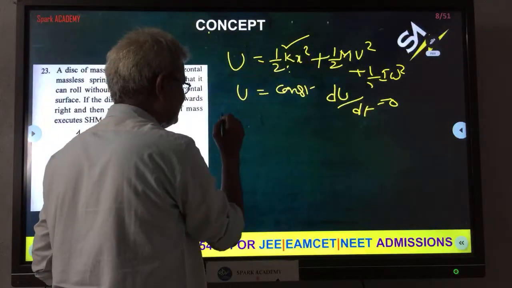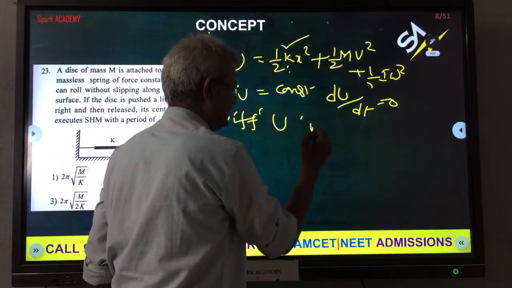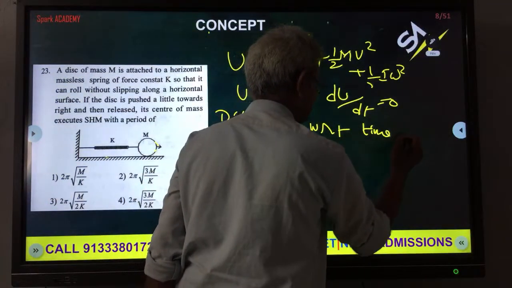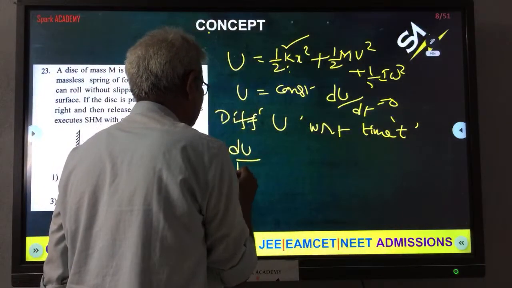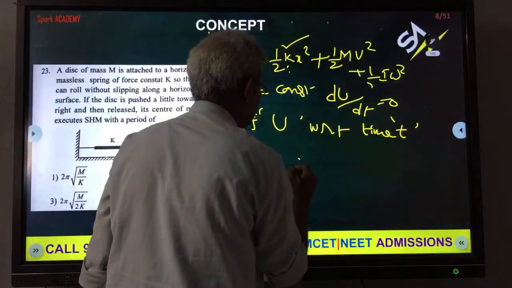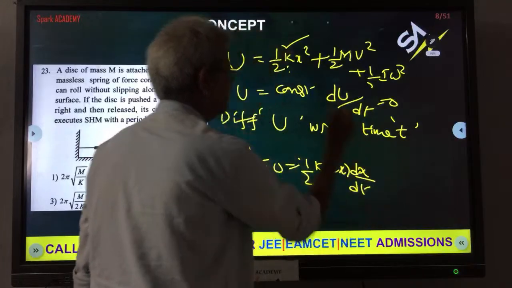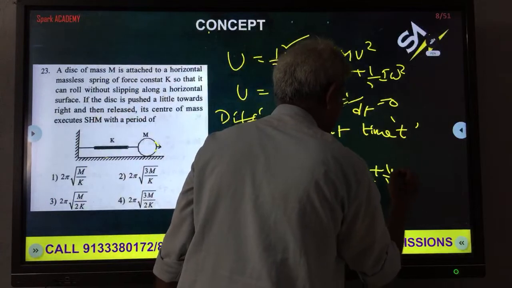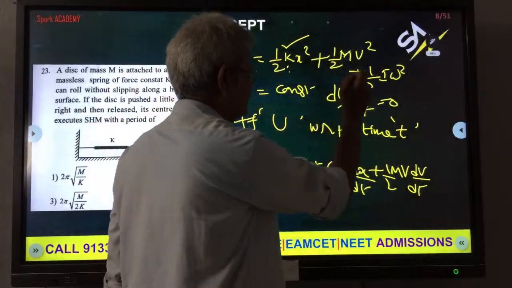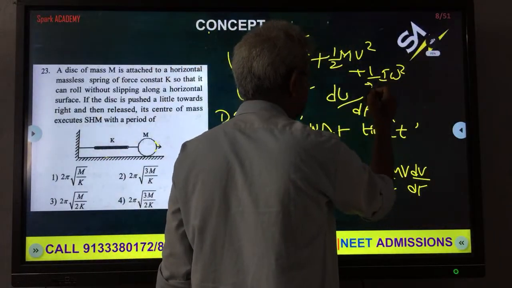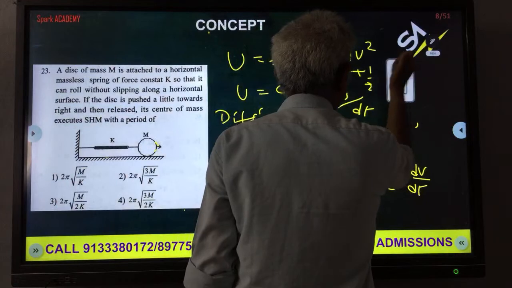We will be differentiating U, the energy, with respect to time. So the left side dU by dt is equal to 0, and the right side will be half k into 2x into dx by dt, plus half m into v into dv by dt, plus, one more thing I forgot here, the rotational term.